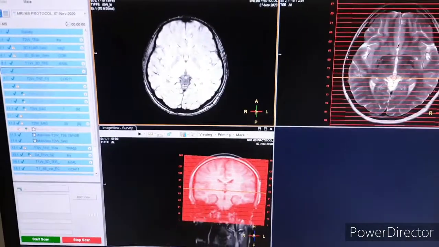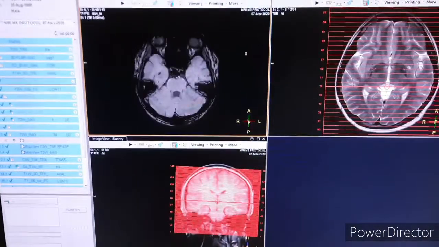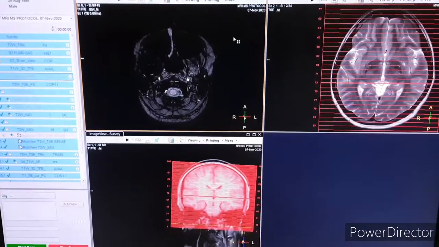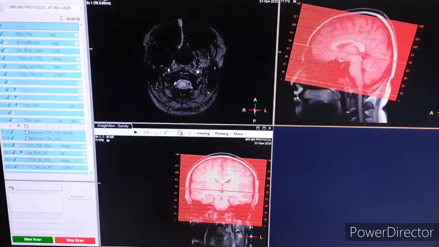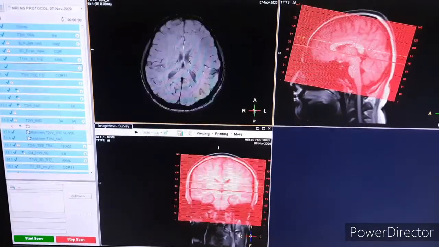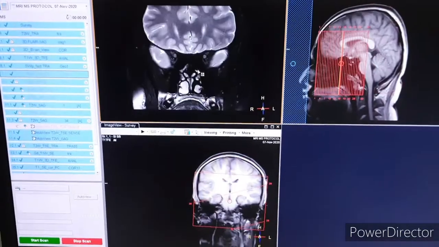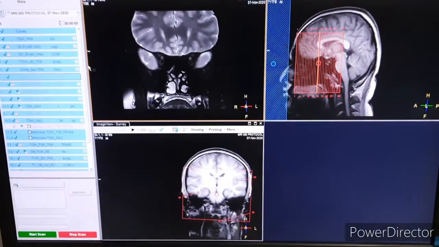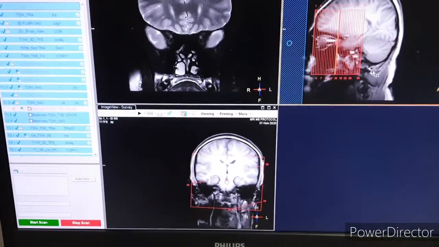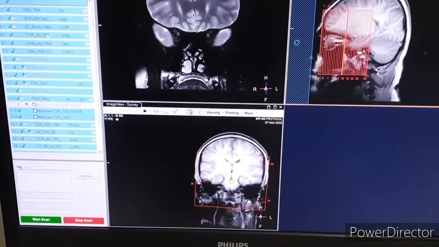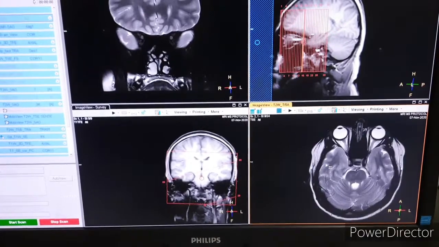Next is gradient. Next is T2FS coronal for optic nerve. You can see here the planning of T2FS coronal.